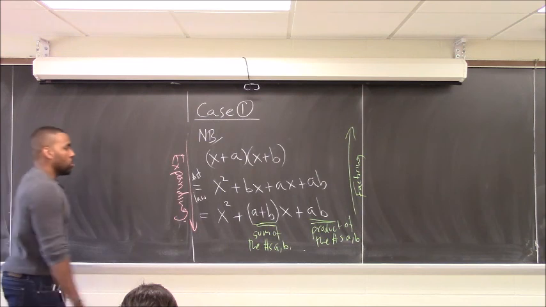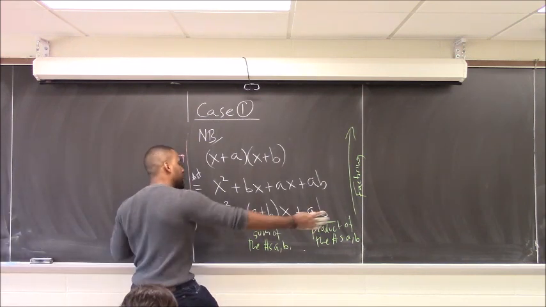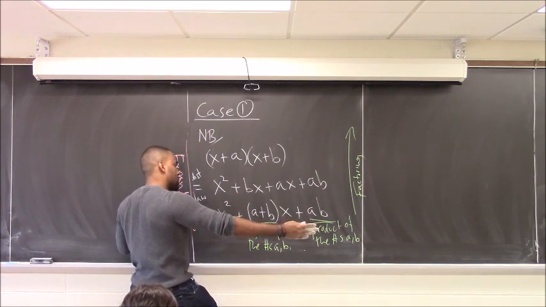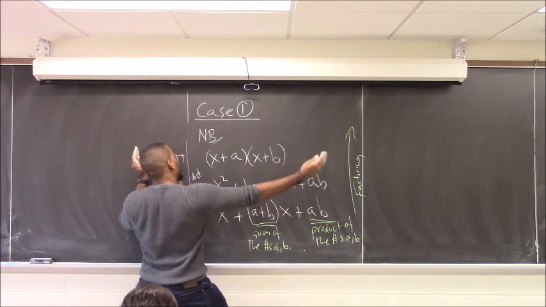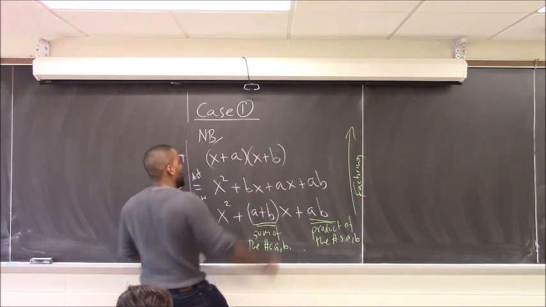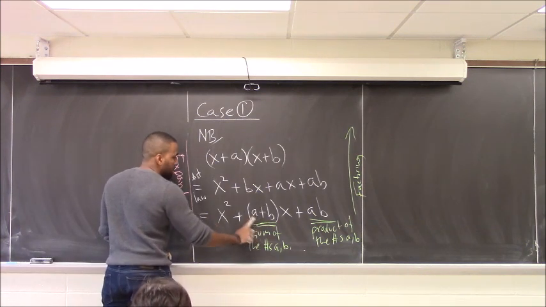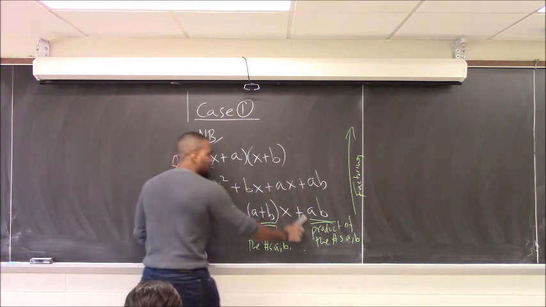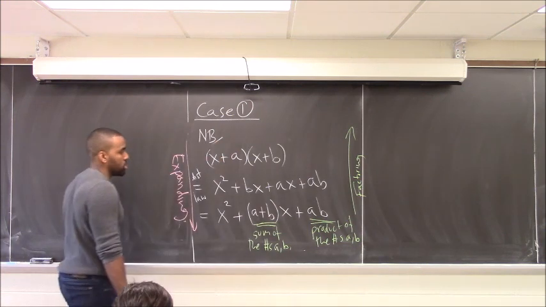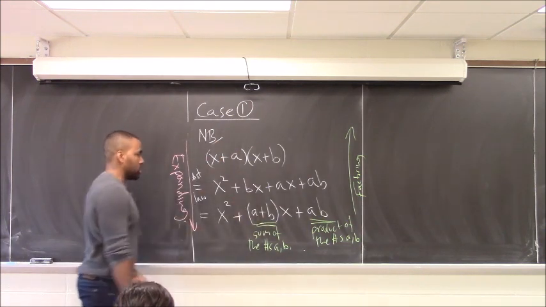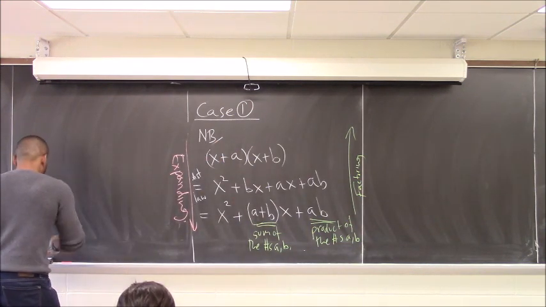Okay. So when you see something like this, which is expanded, we just have a bunch of things being added together. And I want to go to a situation where it's contracted, a bunch of things multiplying each other. One pattern you can look for is if the middle term is the sum of two numbers and the last term is the multiplication of two numbers, and you're going to try to recreate this situation by pulling it backwards.